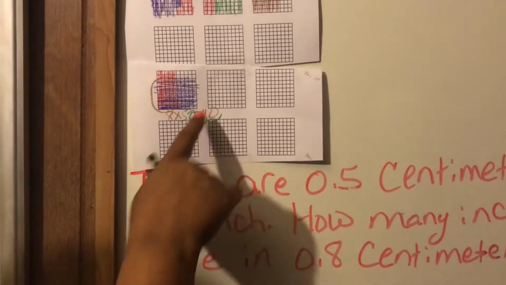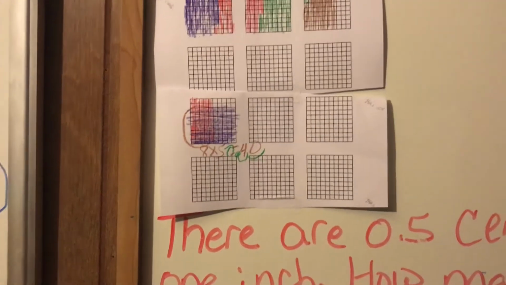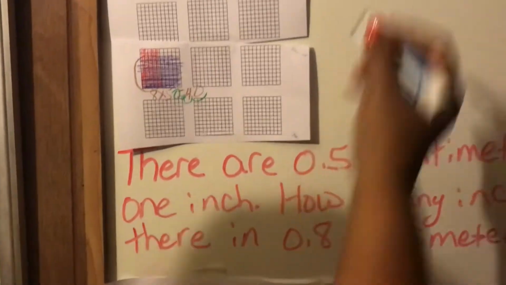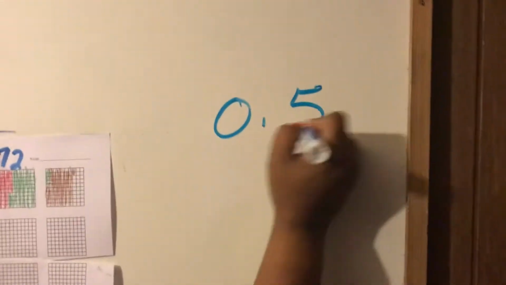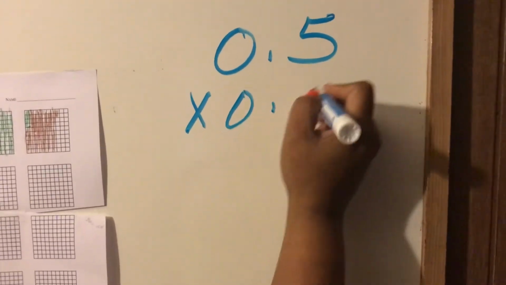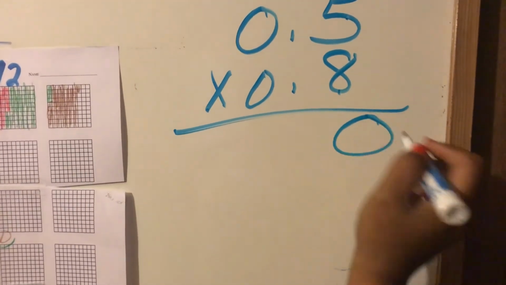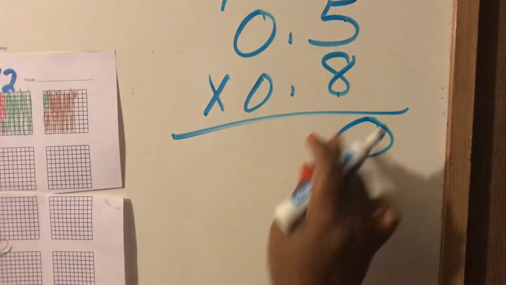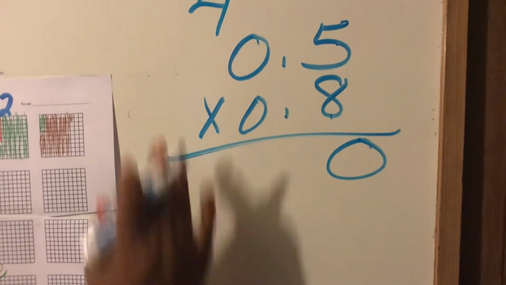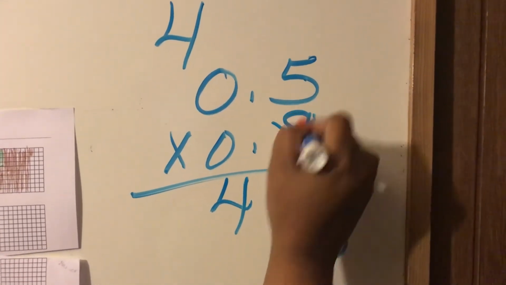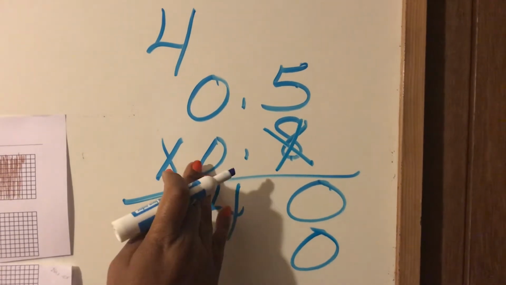So now that's 4/10. All right, so if we do the traditional algorithm, we have 0.5 times 0.8. 8 times 5 is 40. I put down my 0, carry my 4. 8 times 0 is 0, plus 4 is 4. Put my placeholder because I'm moving from the tenths to the whole number.